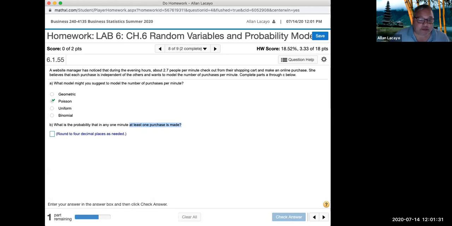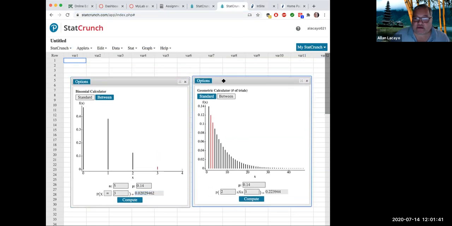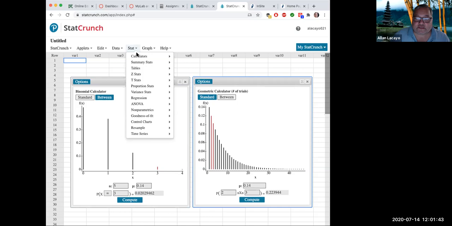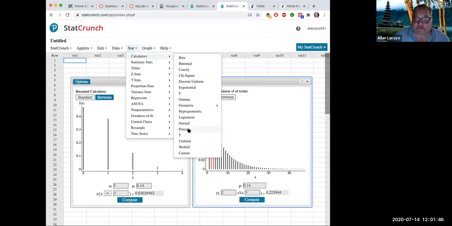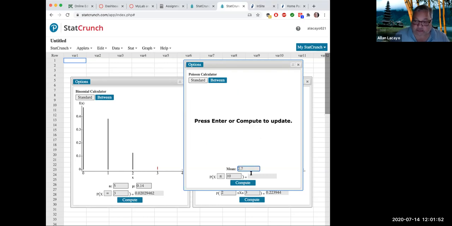So the way we use StatCrunch to help us facilitate the math is we open the Poisson calculator, Stat, Calculators, Poisson, and we switch the mean to 2.7 because that's the number of sales in 1 minute, and then we choose at least one sale.